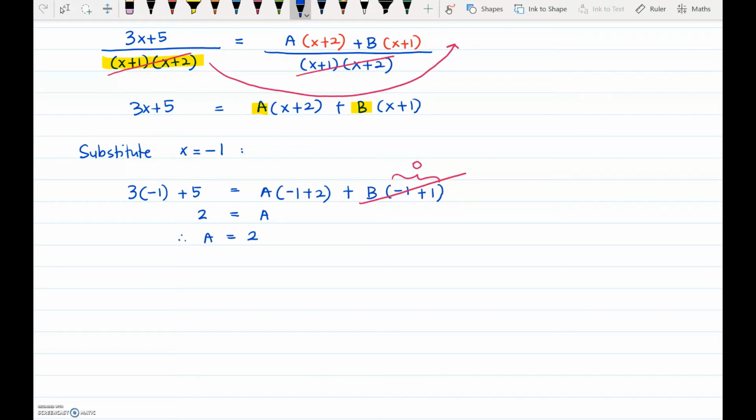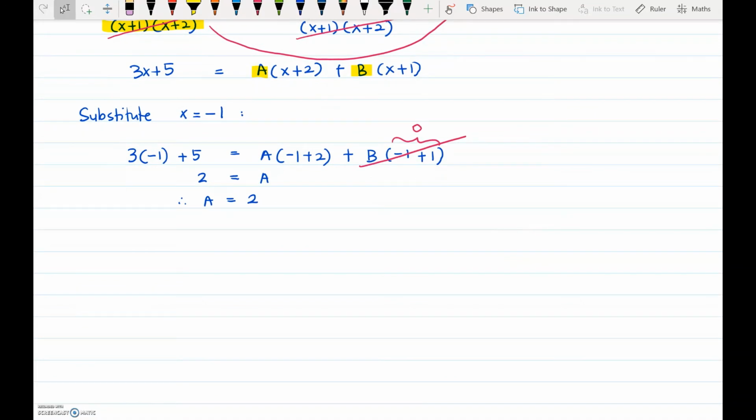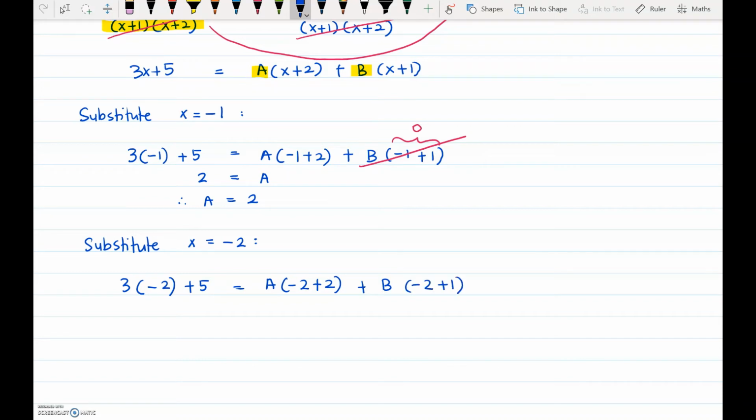With a similar concept, you can find your b by eliminating the factor from a. We can substitute a suitable value. In this case, if we want to eliminate x plus 2, we can substitute x equals -2. Now you will get 3 times -2 plus 5 equals a times (-2 plus 2) plus b times (-2 plus 1).